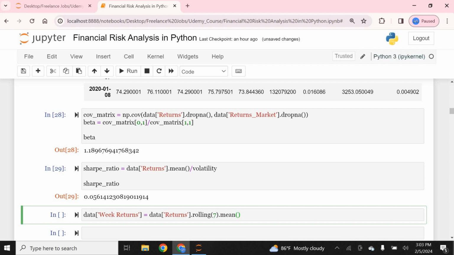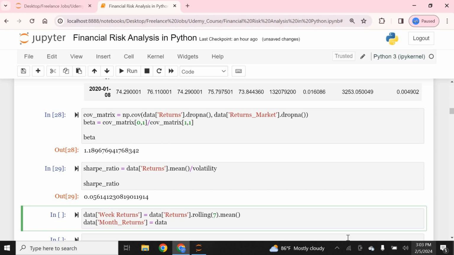Then another one now will be for the monthly returns. It's almost the same thing, so I'm just going to copy. Then put 30 here, average from 30 days.